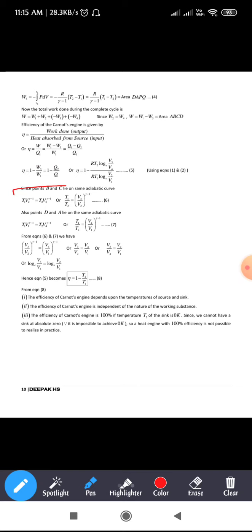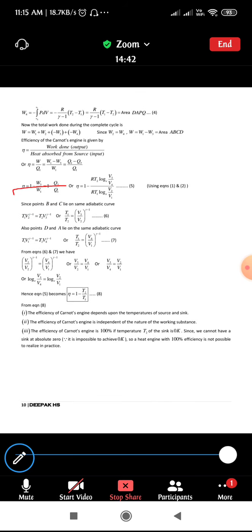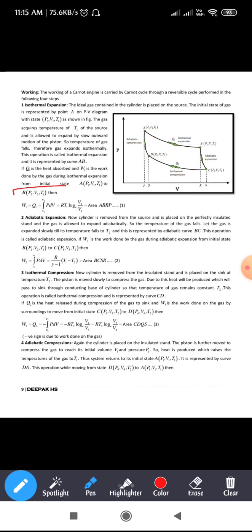So our efficiency is equal to 1 minus, what is the value of Q2 and Q1? Q2 is nothing but RT2 log base e V3 by V4. Coming to the value of Q1, it comes out to be RT1 log base e V2 by V1.